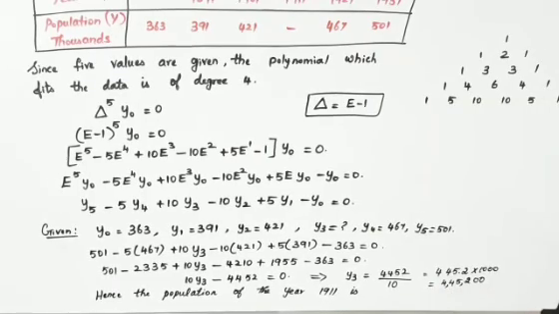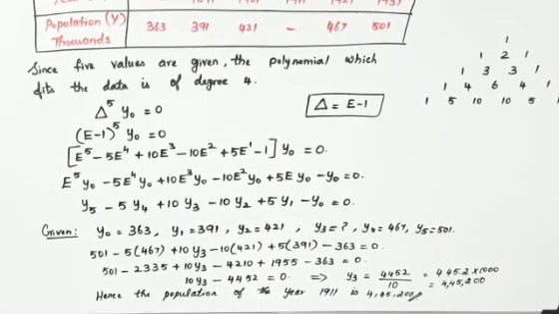So 4,45,200. So therefore your answer is 4,45,200. That is the population of the year 1911. So this is the answer for your 7th question.